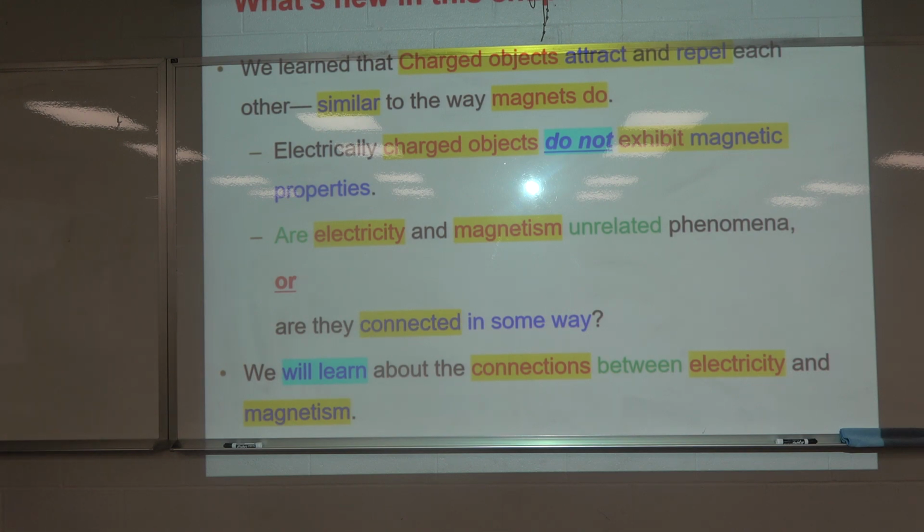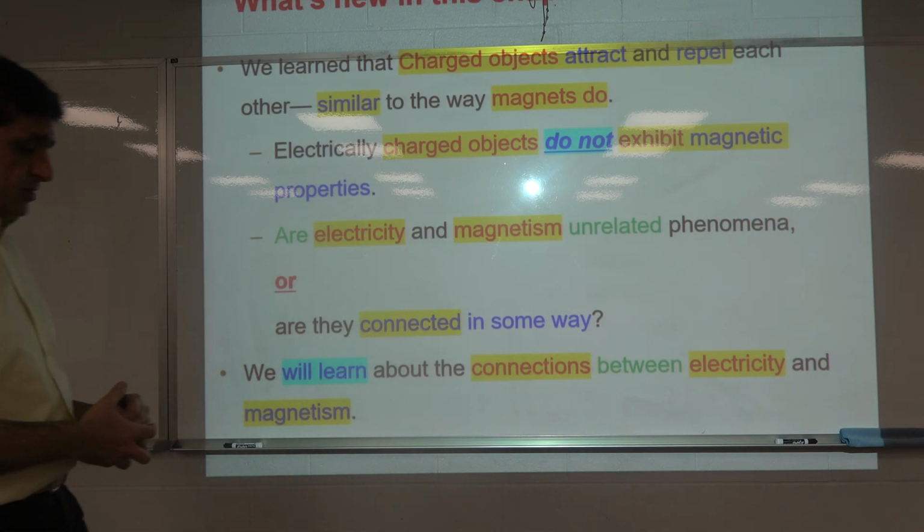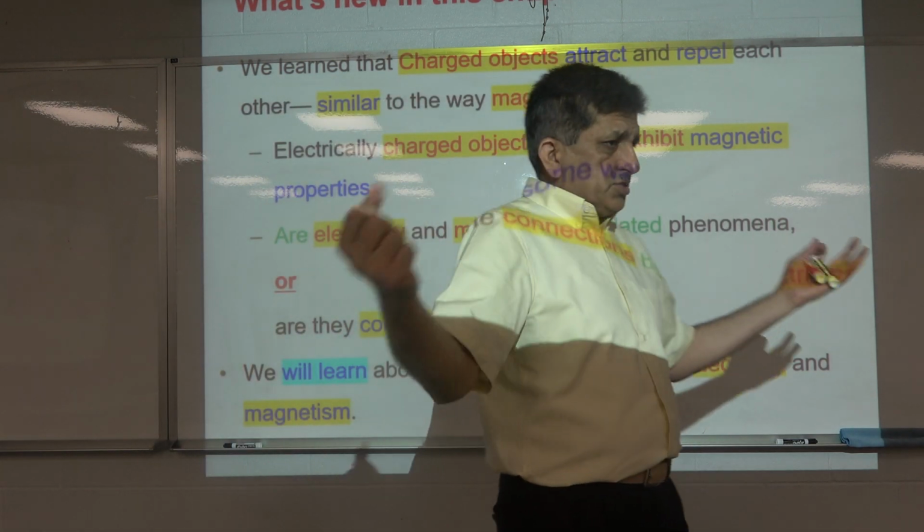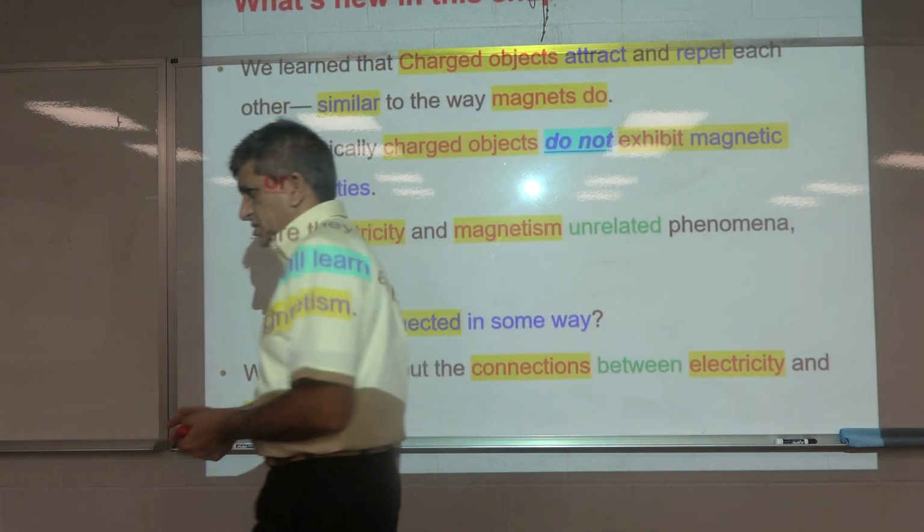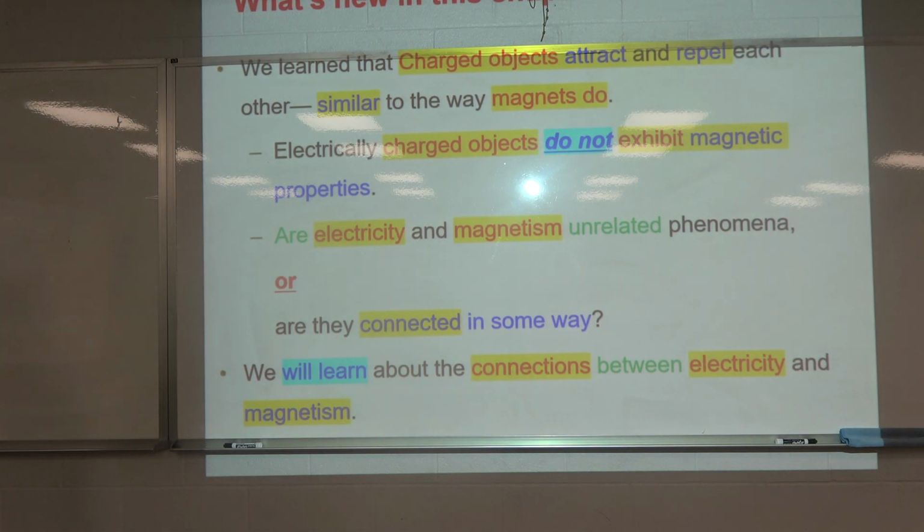Now, we learned about charged objects. There are two kinds of charges, and they either repel each other or attract each other, okay? In a similar way, we will talk about magnets.